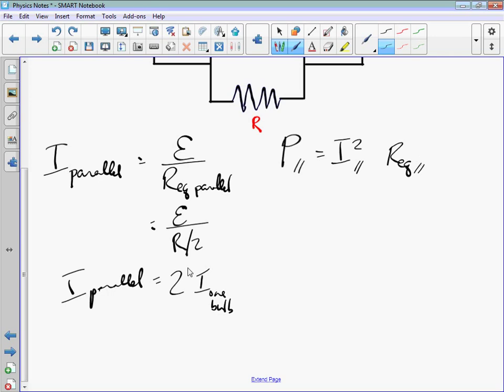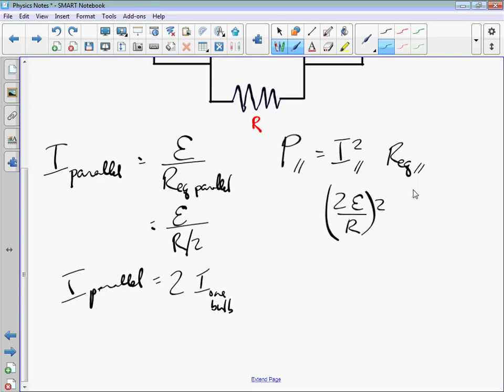Relating the EMF and R, my parallel current is equal to EMF over R over 2, so really 2 times E over R. But that whole thing's going to have to be squared.